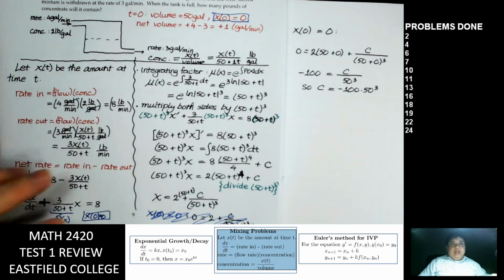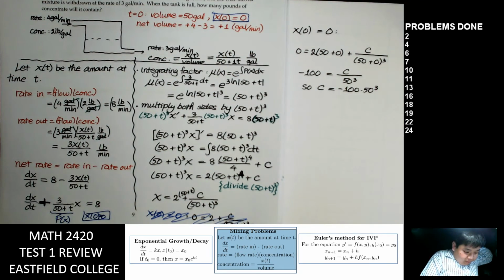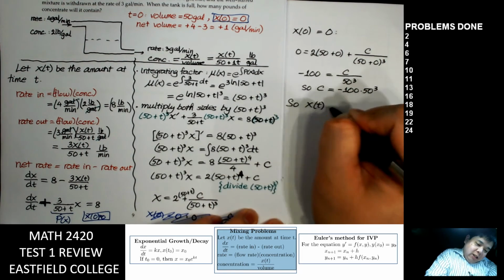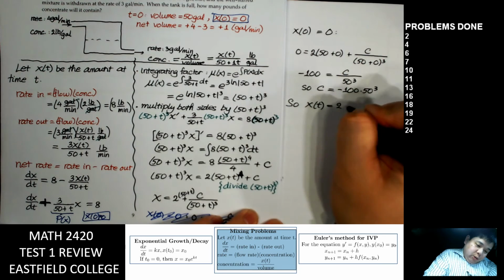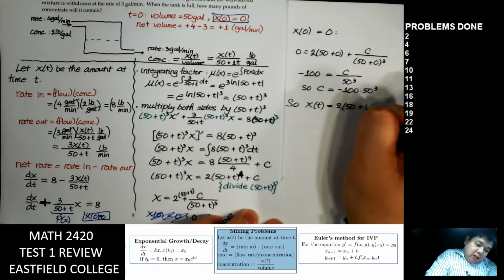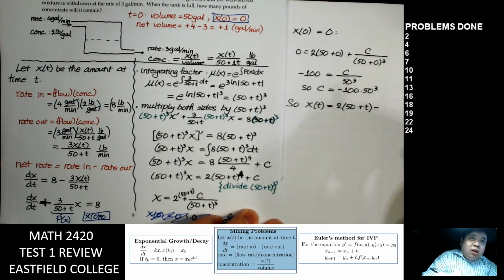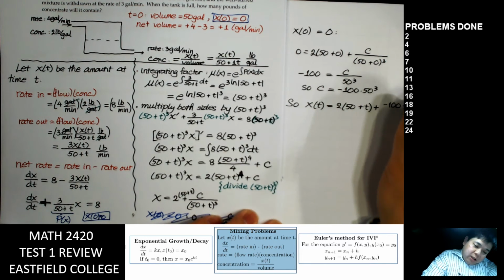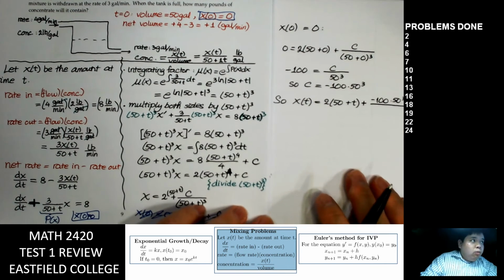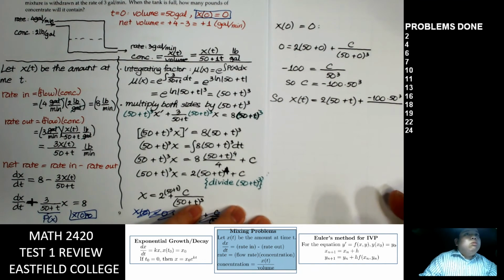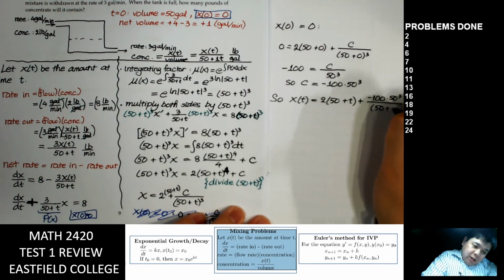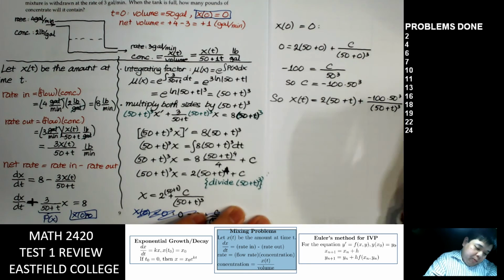Right, should be that instead. Sorry. So the equation x of t equal to 2 times (50 plus t) plus negative 100 times 50 cubed over (50 plus t) cubed.